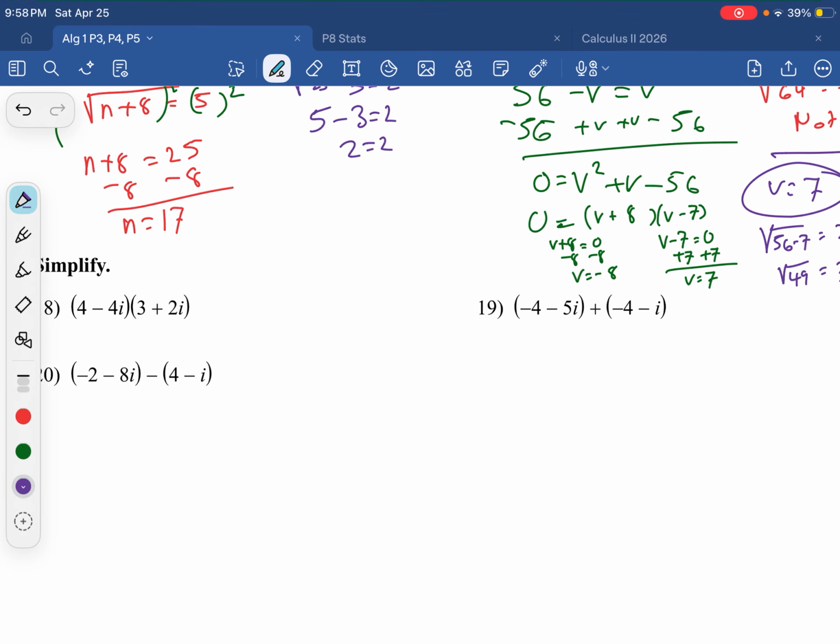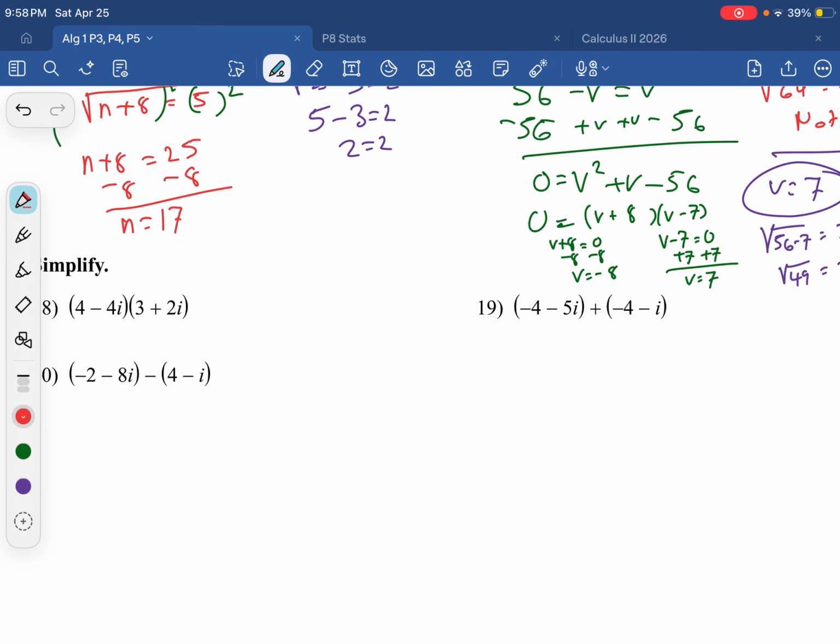I'll start with 19. For our complex numbers, when we're adding them, we're going to add the real terms. So this looks like negative 4 plus a negative 4. And then we got plus a negative 5i plus a negative i.